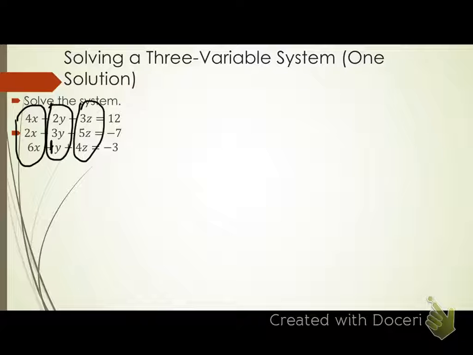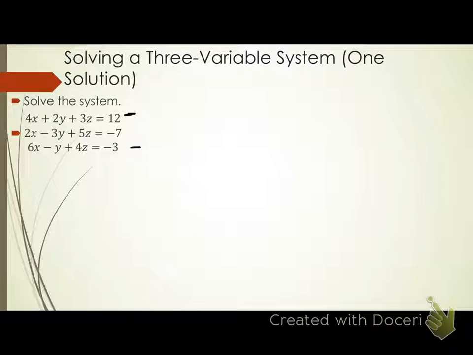That's going to help me out. I'm going to only have to multiply that equation by something. So I'm looking at my first equation and my third equation. If you remember from yesterday, in order to be able to eliminate a variable, I need the same number, opposite sign, so I can just add my equations and they eliminate.